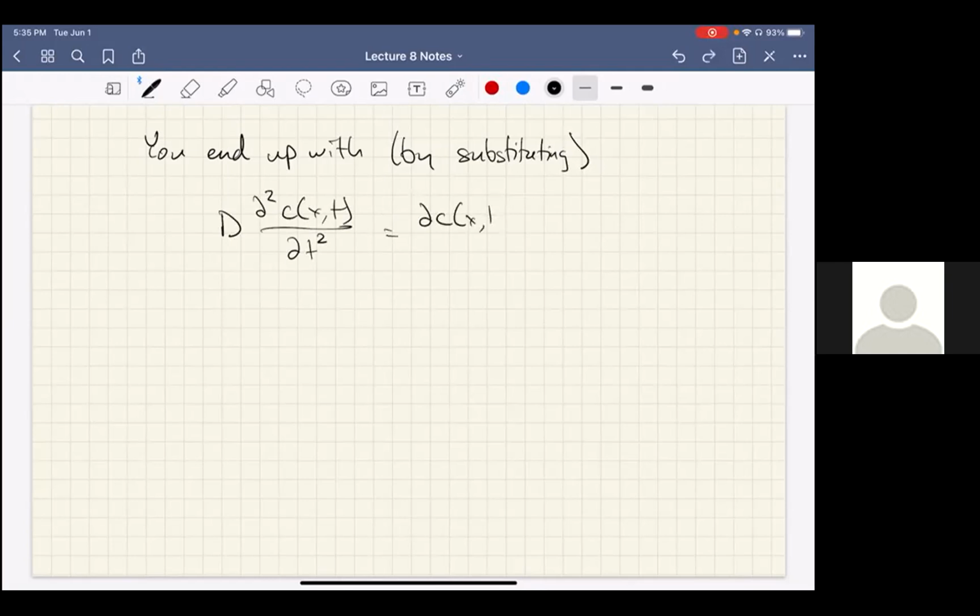Sorry, that's not dt squared, that is dx squared. And in fact, it generalizes to multiple dimensions. You just get the Laplacian here.